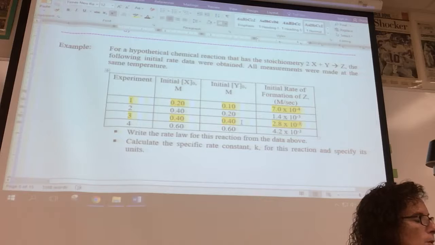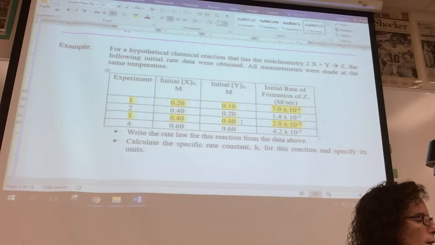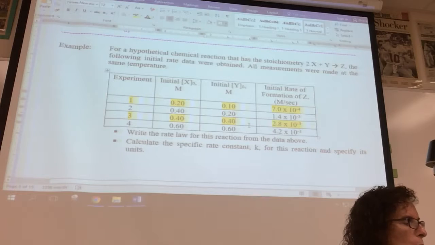So there's a couple different ways that I can go about this, and there's no right or wrong, just make it simple for you. If I want to make this constant, instead of 0.4, I want 0.1.